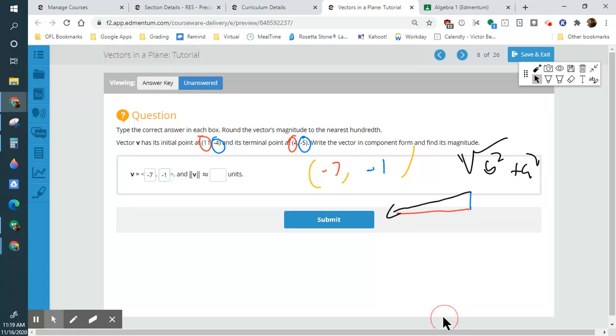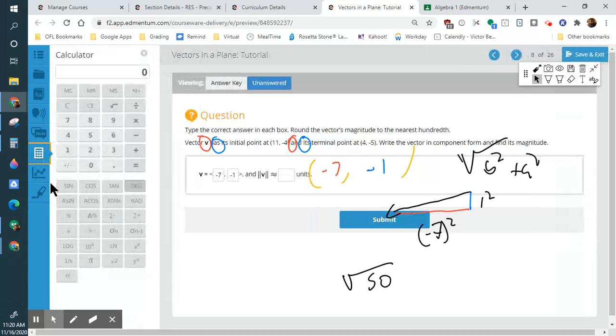If I wanted to find the magnitude of this, I'm just going to do a squared plus b squared, and I get the square root of 50. Can't really do the square root of 50 here. They don't really give us symbols to plug it in, so you can use any calculator you want.